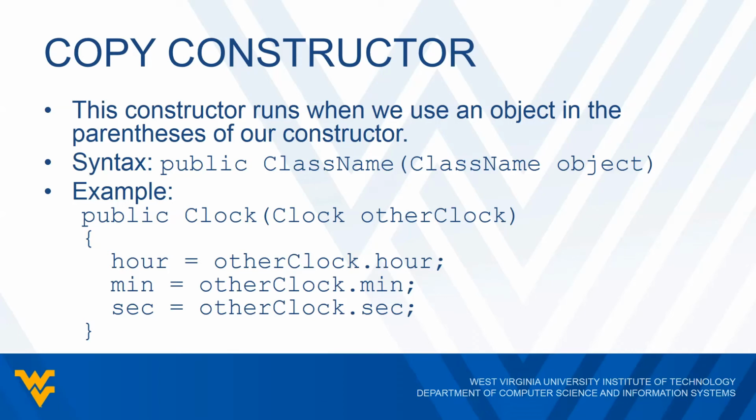If we notice inside the definition of this constructor, we're just saying hour equals otherClock.hour, min equals otherClock.min, sec equals otherClock.sec. So what we're doing here is we're initializing the instance variables of our current Clock object to the instance variables of the other Clock object.